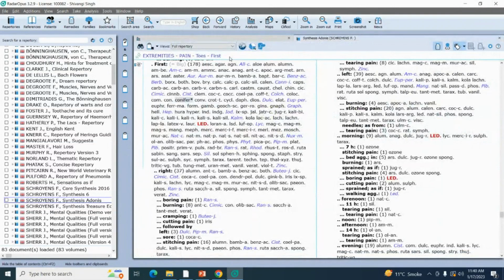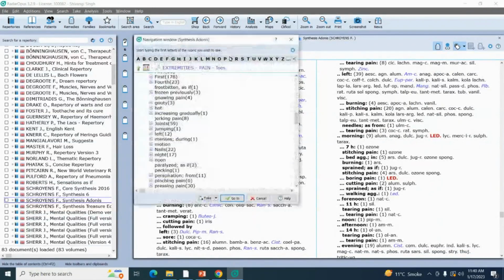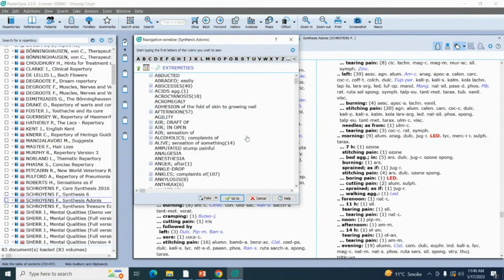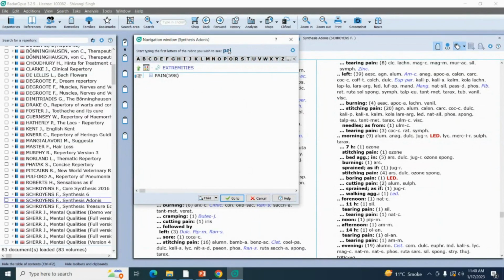Okay, the next symptom I'm going to take. My patient is having stitching pain in joints. In joints, the patient is having the stitching pain. So again, I'm going to this extremities chapter. Pain, stitching pain.